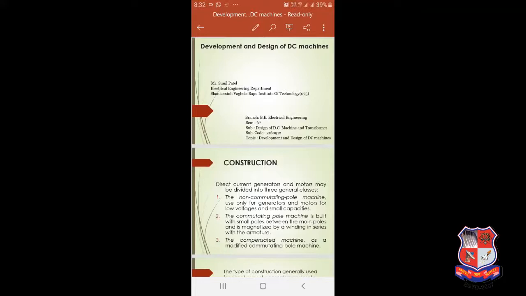Depending upon its construction and operation, it is classified as a motor or generator. A motor is a device that converts electrical energy into mechanical energy, and a generator is an electrical device that is used to convert energy from mechanical to electrical.